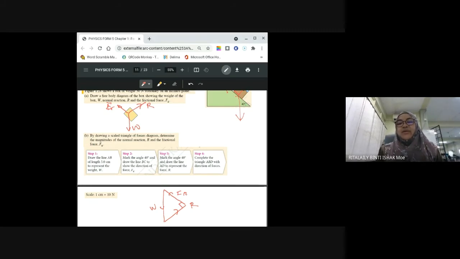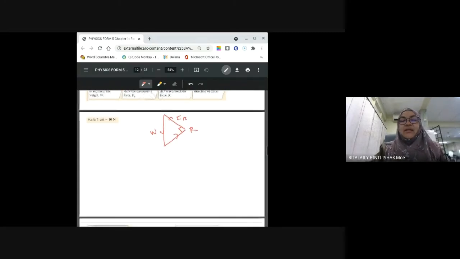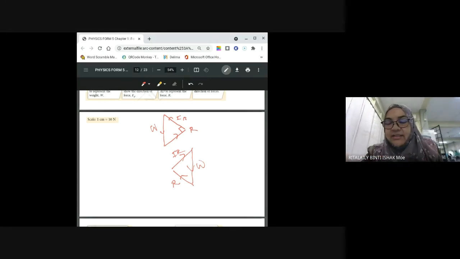Okay, so let's say you don't want to draw it like this, you want to move it elsewhere. Why did I draw it differently? You can draw here and then we move this here. No, it can't, it doesn't form a cycle. Wait a moment. So this is R, this is FR, and then this is W. Also can, provided FR. Wait, why is mine not parallel? I think I drew it wrongly.